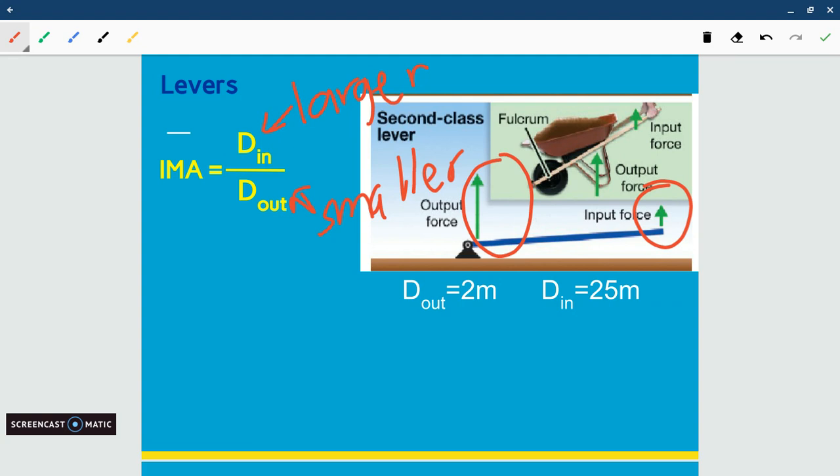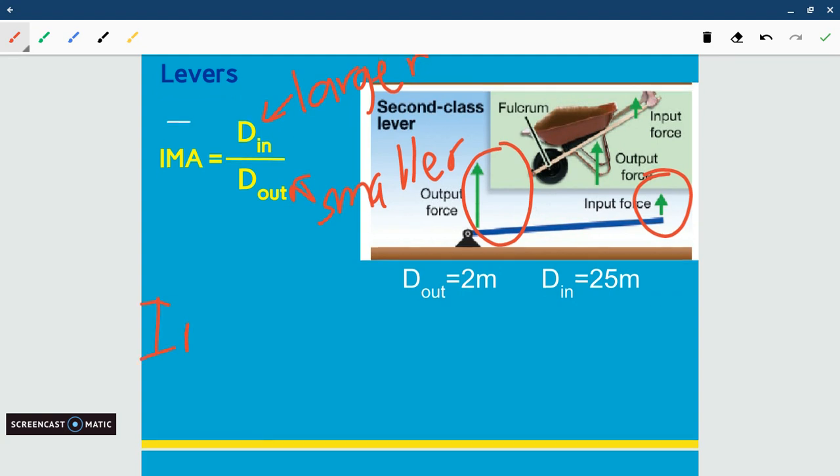In this example, the input is 25 meters and the output is 2 meters, so this one would have a mechanical advantage of 12.5. All second-class levers make it easier to do your work by increasing your force. All of them.